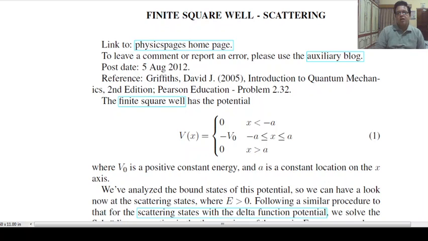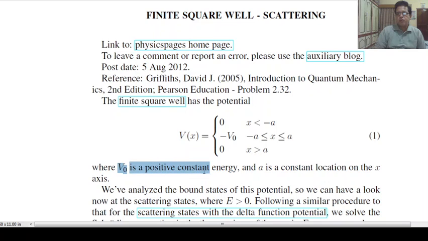So let us start. We already did it. The finite square well has the potential V(x) equal to 0 for x less than minus a, 0 for x greater than a, and V(x) equal to minus V0 for x between minus a and plus a, where again V0 is a positive constant energy.